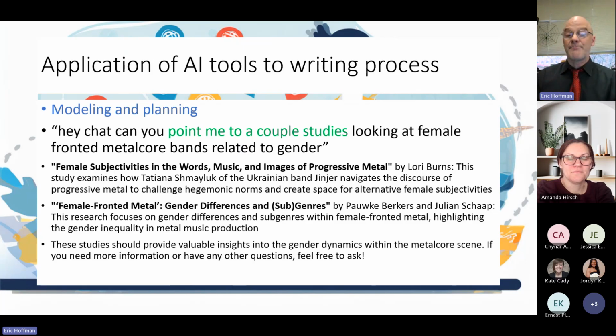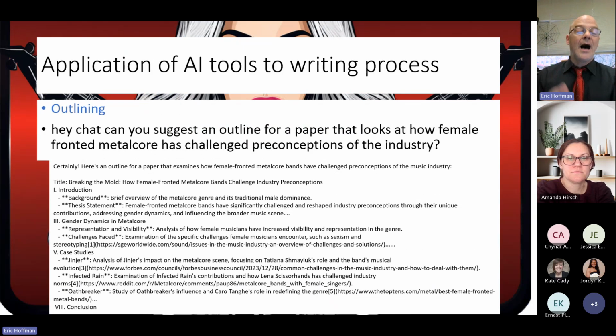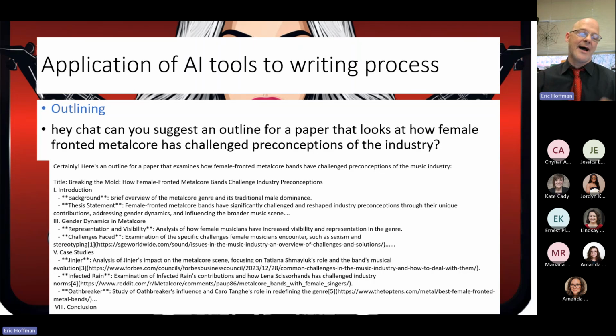But these are both really good models for the kind of thing that I would want my students to be producing. Again, outlining, AI is going to be really good at outlining because it's a fairly standard kind of activity, right? It has many, many examples. And by synthesizing those examples, it can give you a realistic version of what someone might do if they were trying to do this sort of thing, right?